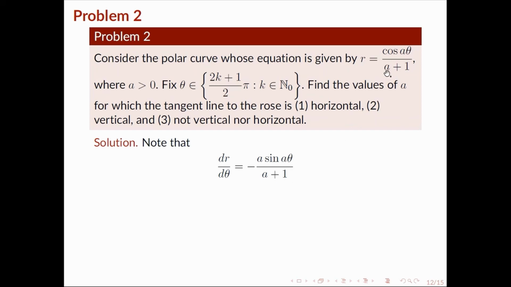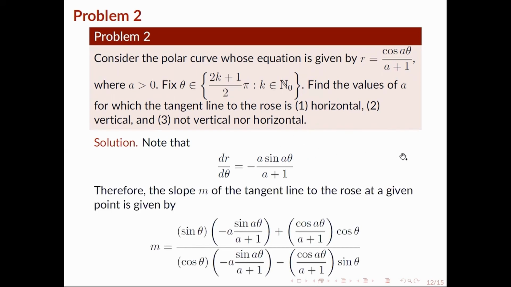Okay? So we took the derivative here. Since the a plus 1 in the denominator is just a constant, we only need to differentiate the cosine a theta. So that is negative a sine a theta.